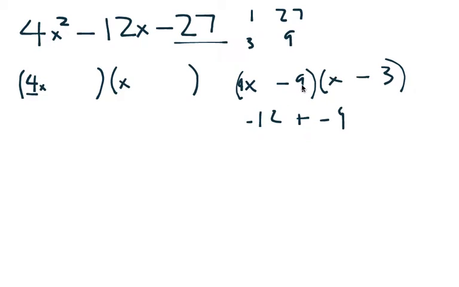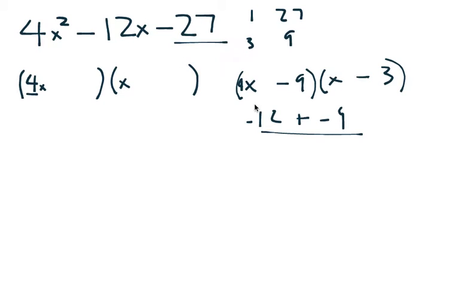This is -9 times x, which is -9x, and this is -3 times 4x. It's kind of a reference to the foiling again, with just the x terms, right? -9 times x is -9x, and then 4x times -3 is -12x. So that's how you're trying to find this middle term.